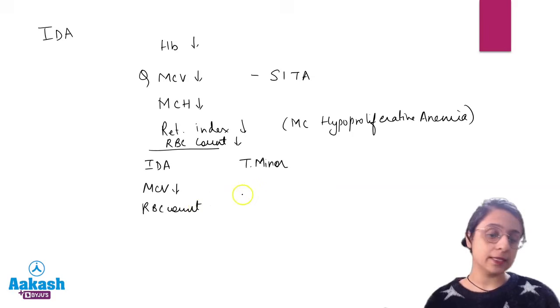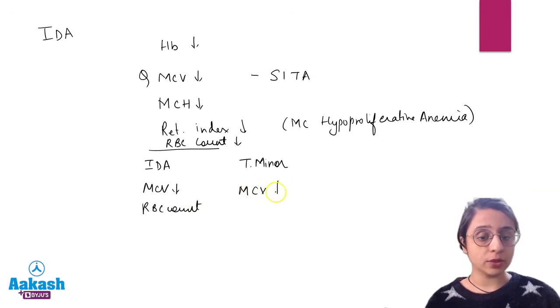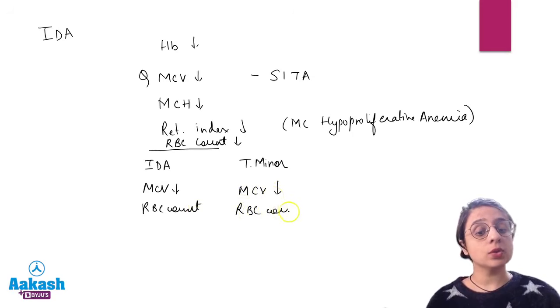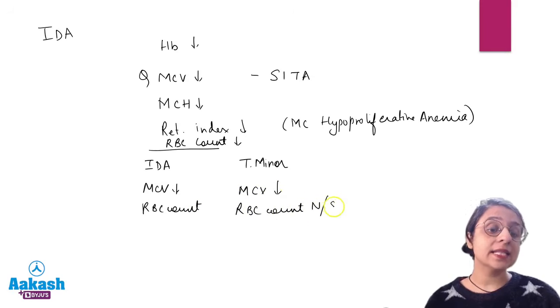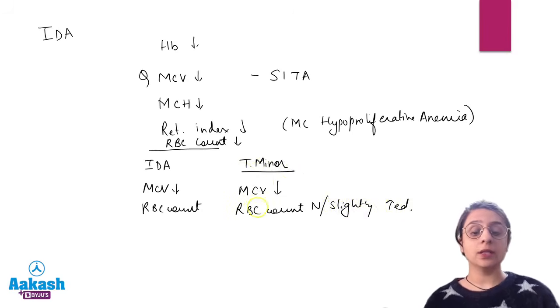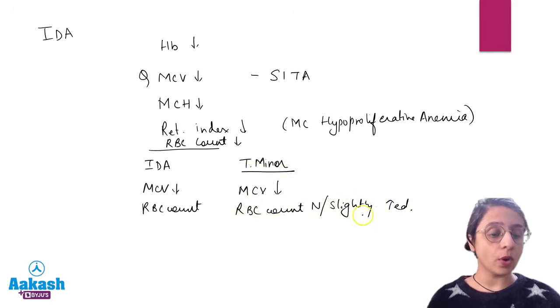But in the case of thalassemia minor, it is an important differential of microcytic hypochromic RBCs, but RBC count will be normal or slightly increased. A very important point.